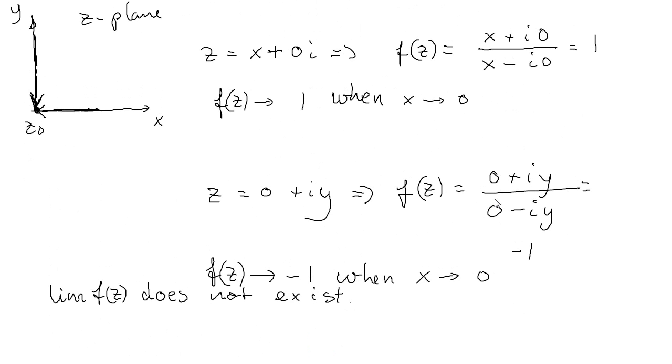So this means that when we are approaching 0 along this vertical line from above or below, then f of z is approaching -1, not 1 as we did along the horizontal lines. So these two limits are not the same, and we conclude that the limit of f of z as z goes to the origin z0 equal to 0 does not exist.